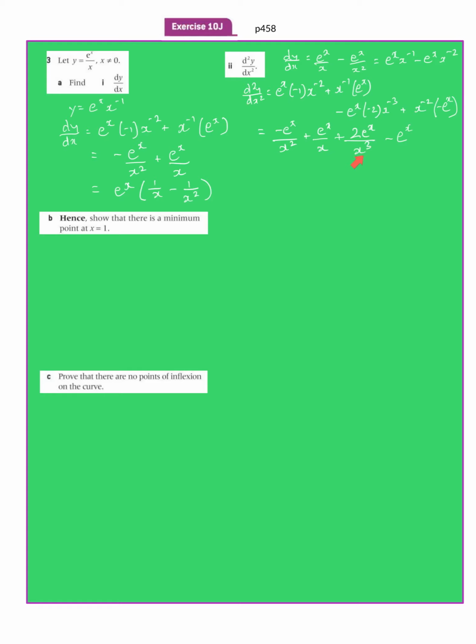Then we'll factorize e to the x out. So that term is what remains from that, with e to the x factored out. Then these two are like terms, so we've got two of them.